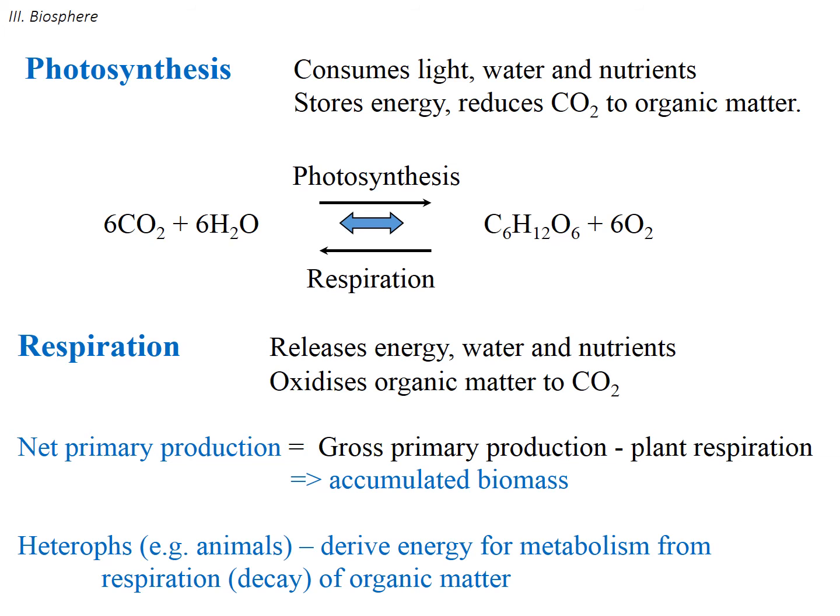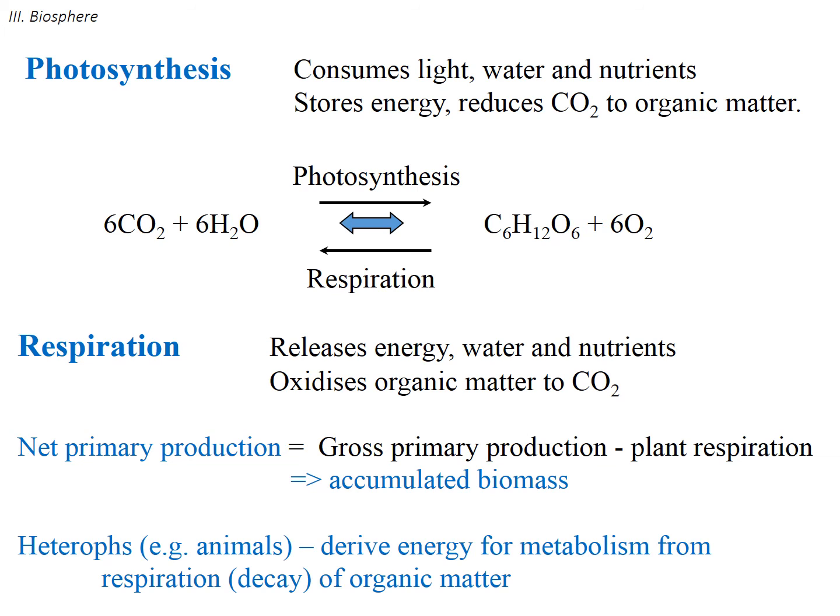Just to touch briefly on photosynthesis, those of you who have done biology previously at school will realise that this reaction for photosynthesis is wrong. It's a really good approximation, though. We take carbon dioxide and water and do photosynthesis. Well, we don't, plants do. They make organic matter.